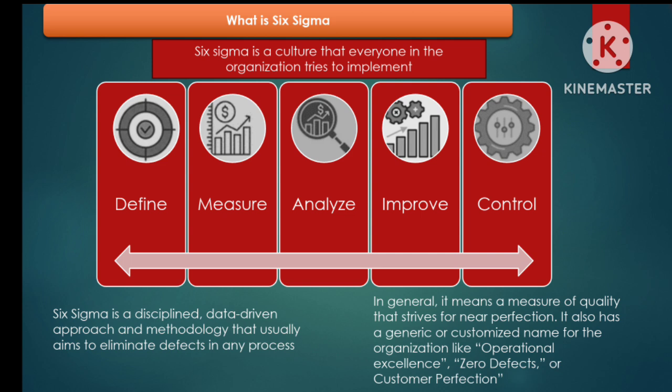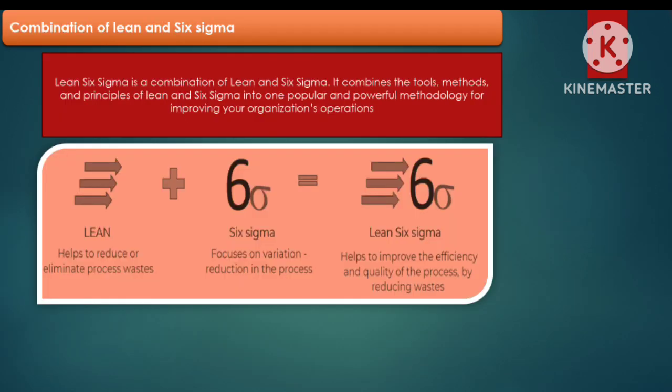If we combine both, like we talked about, lean focuses on removing waste. Six Sigma focuses on variation reduction and defect reduction in the process. When we club it together, this becomes Lean Six Sigma, a very comprehensive tools and strategy program, and in today's time it is the most effective way to improve any process and any business.